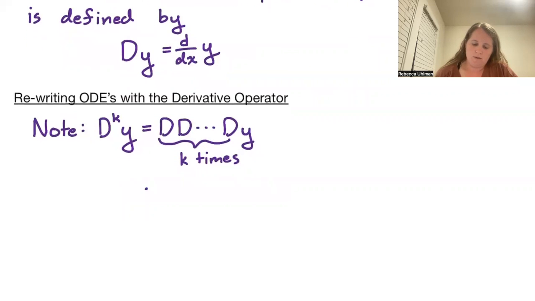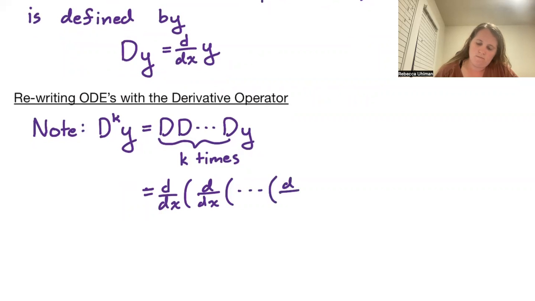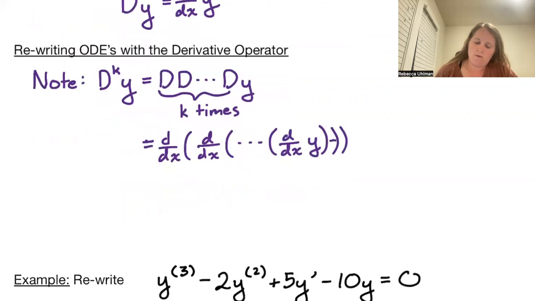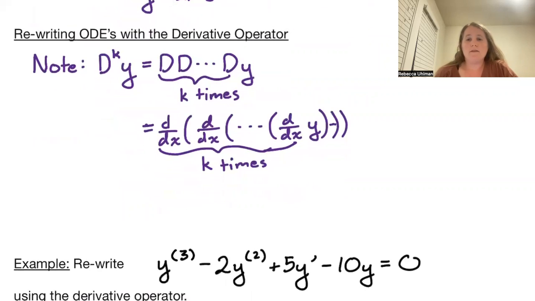But that just means that we are applying the derivative k times in a row, and that is just precisely the kth derivative of y.